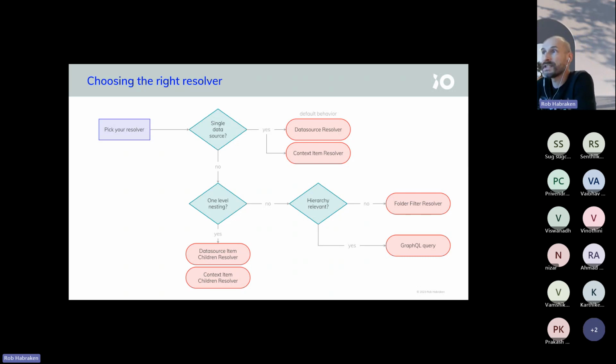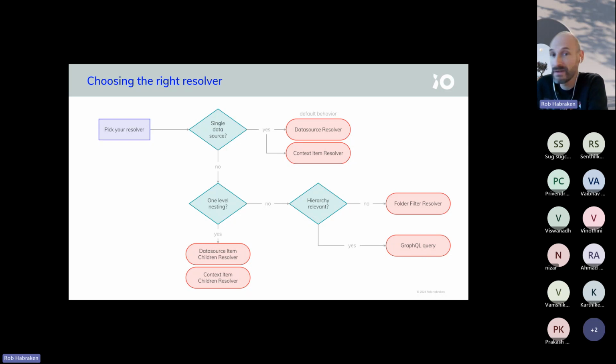So using a single data source, then you can use the data source resolver or the context item resolver, depending on your use case. And if you need one level of nesting, you can use the children resolvers. If you need a deeper level of hierarchy, then if you only want to retrieve items regardless of the hierarchy, then a folder filter resolver is going to work for you.